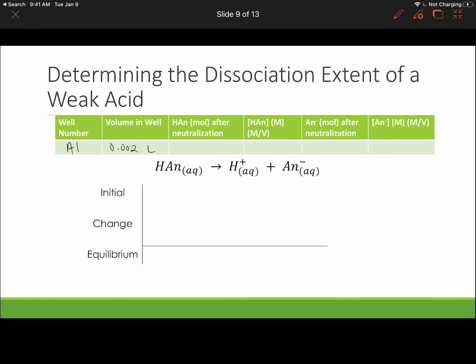So now we know how much acid is left over. We have 0.000257 moles of our acid left over. And we want to figure out what our concentration is. So we're going to take the 0.000257 divided by that 0.002, and we get 0.1285 molar weak acid after dissociation.